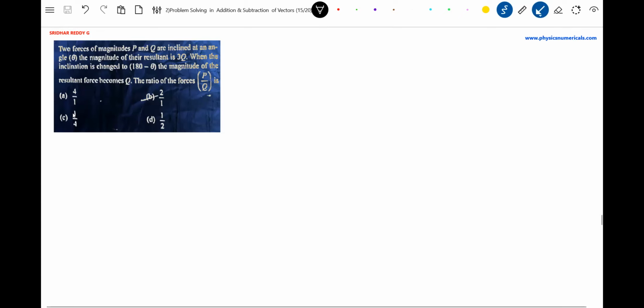Okay, first, as usual, my method is to take the help of a diagram. This is P bar, this is Q bar, inclined at an angle theta. The magnitude of the resultant is 3Q.